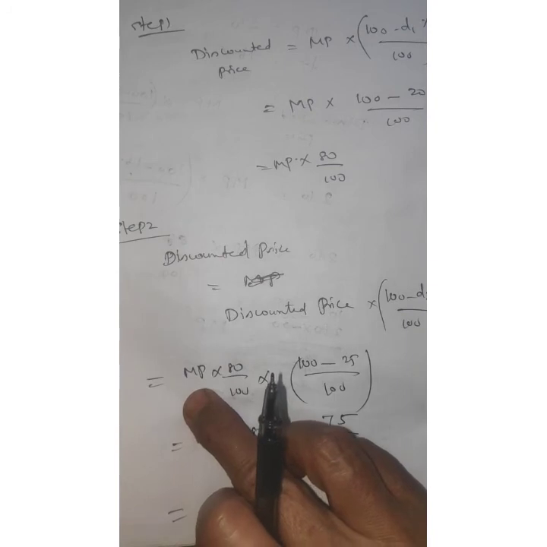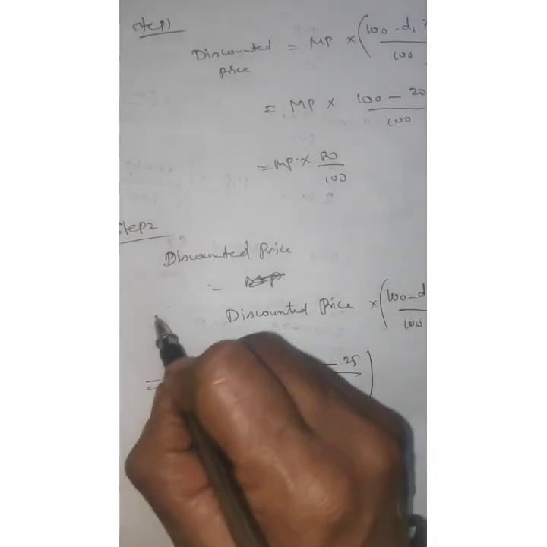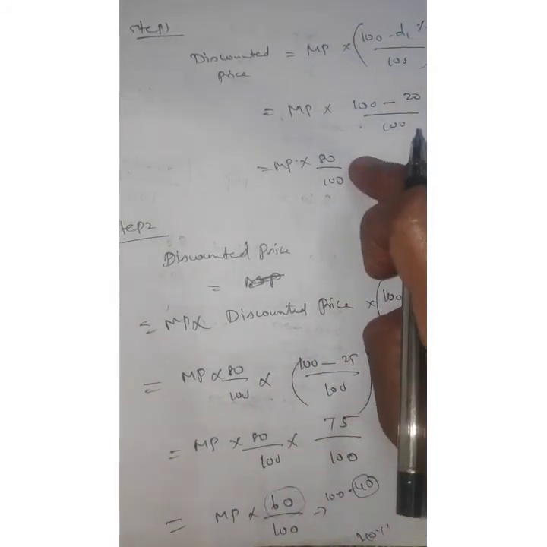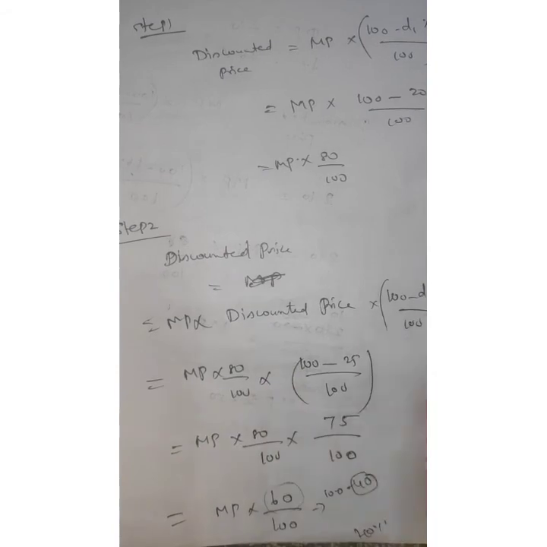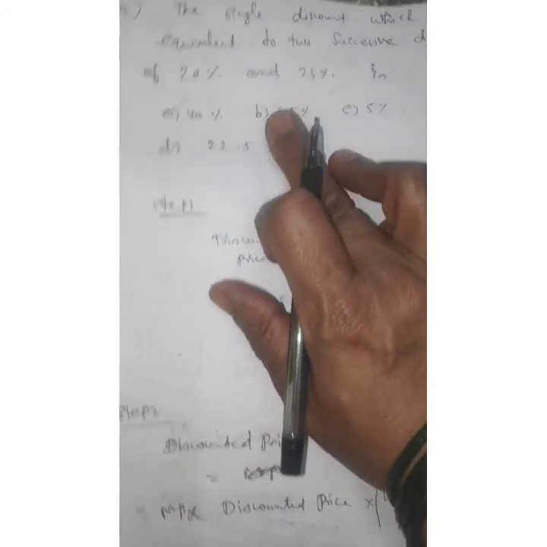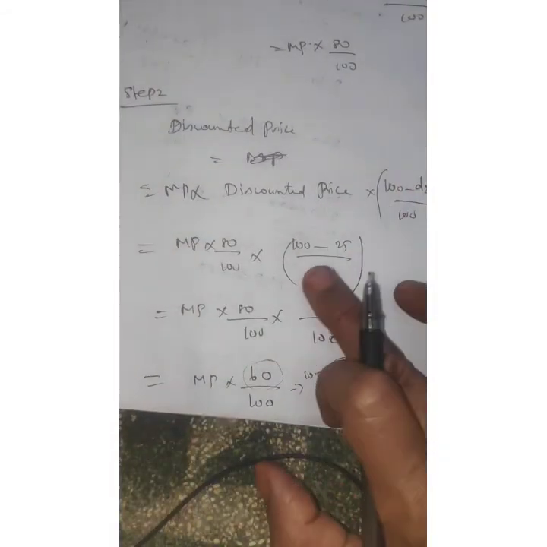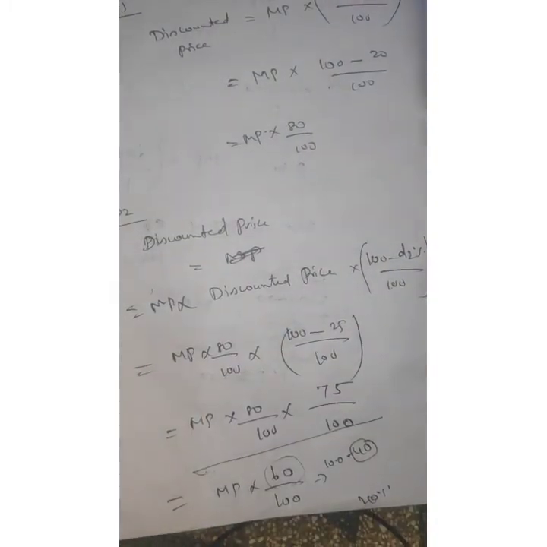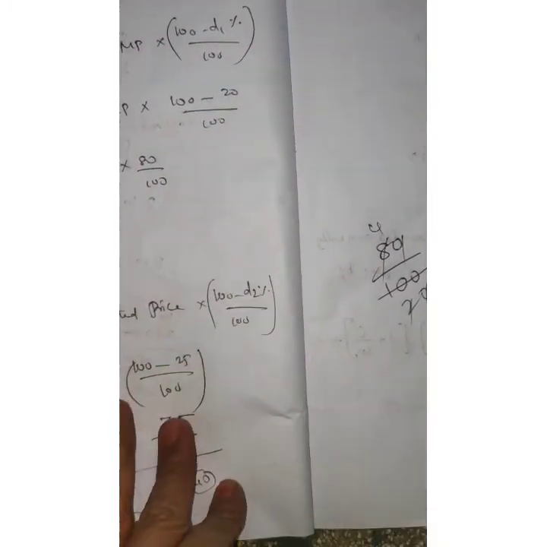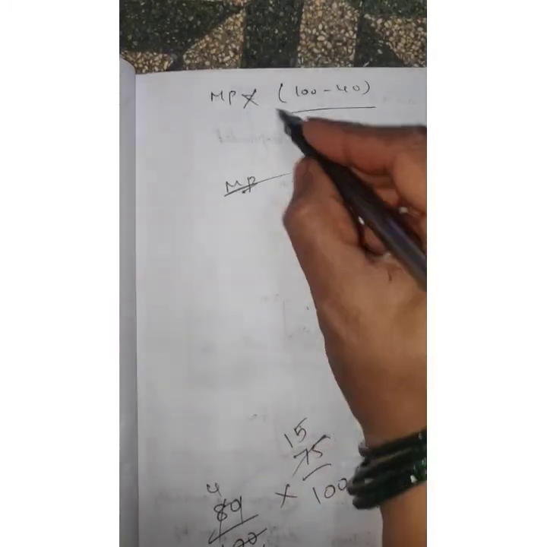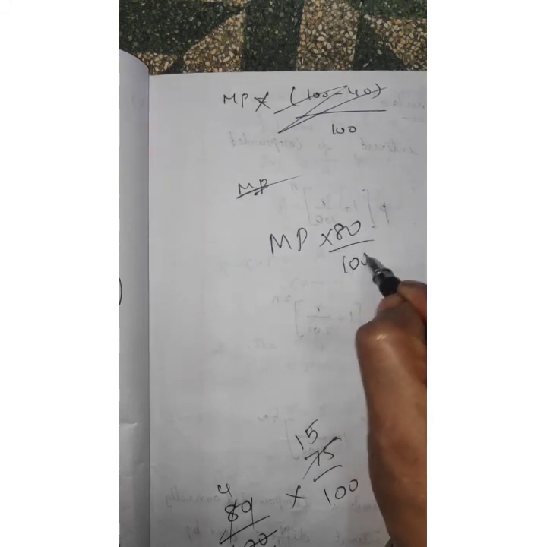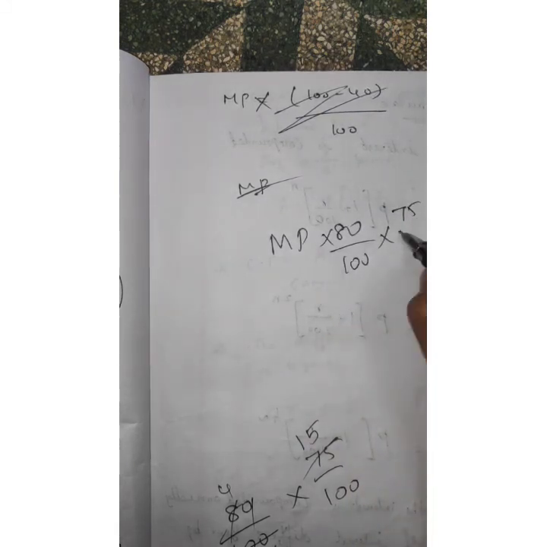Now write marked price into discount price. First one is 80 by 100 into 100 minus 25, that is 75 by 100. So MP into 80 by 100 into 75 by 100.